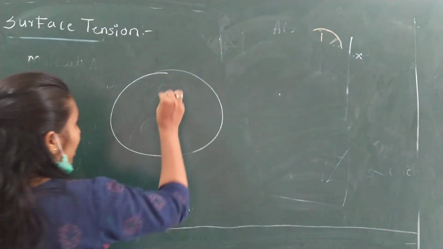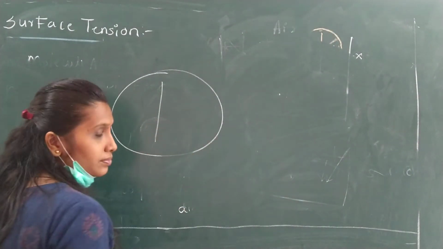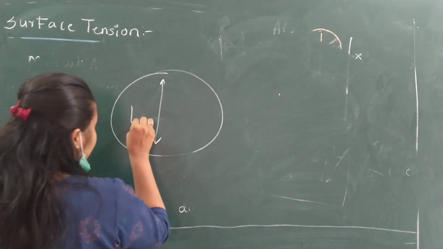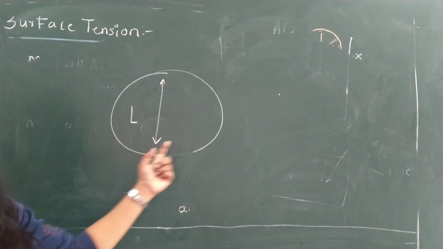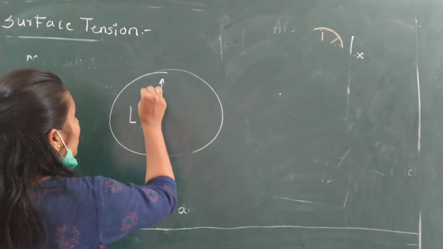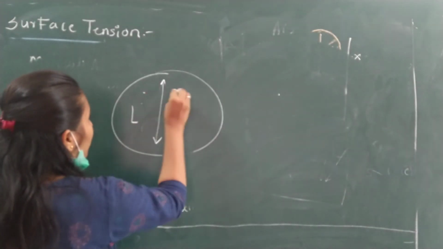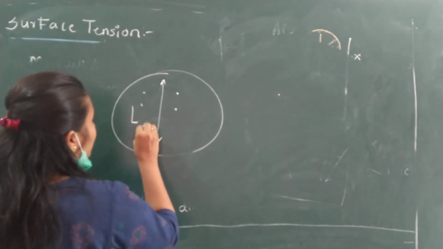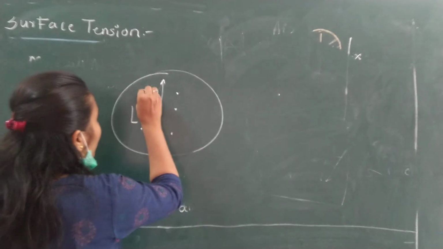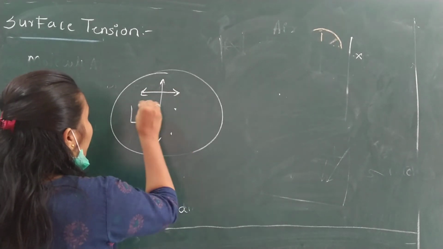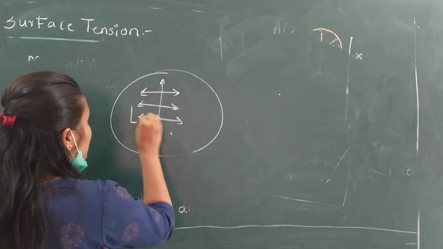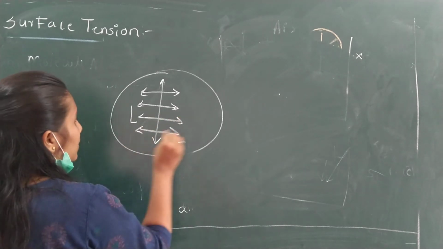And if I draw an imaginary line on it, having length L. Now, as it consists of water, this imaginary line will be surrounded by water molecules. And obviously, we know between the water molecules there will be a cohesive force acting, the force of attraction, that is a cohesive force, say F.